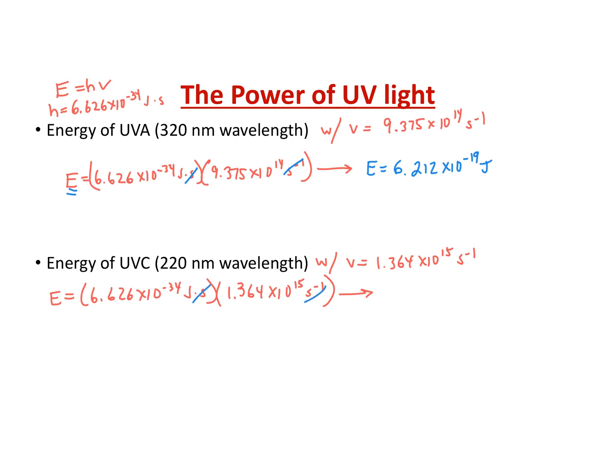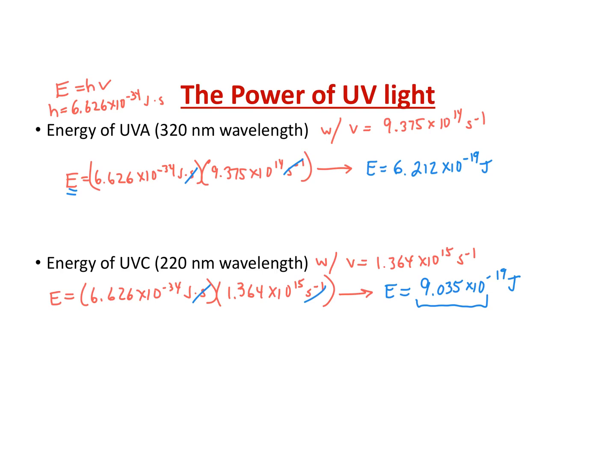Seconds will cancel out, leaving me with energy in joules of approximately 9.035 times 10 to the minus 19 joules. So we can see that UVC, right, is a little bit higher energy because 9 times 10 to the minus 19 is bigger than 6 times 10 to the minus 19.